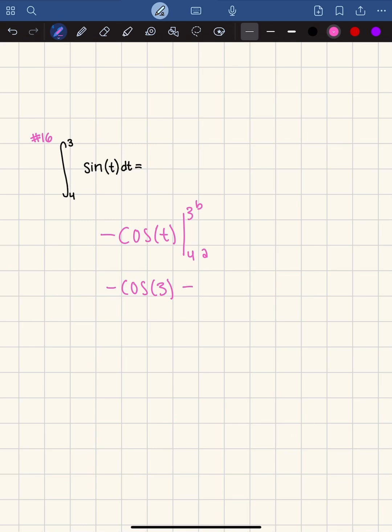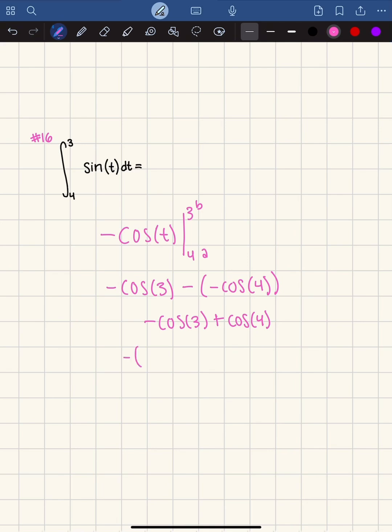So minus negative cosine 4, and then the negative and negative makes a positive. So it would be negative cosine 3 plus cosine 4. And then when you compute these in the calculator, make sure your calculator's on radian mode and not degree mode.